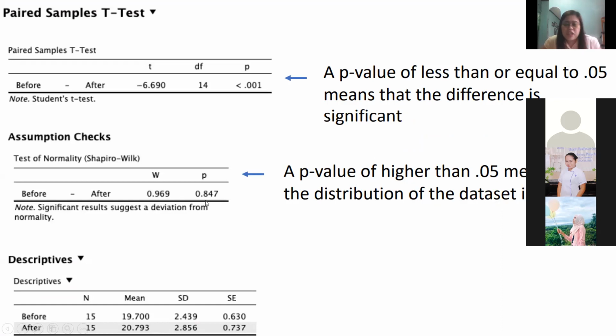So this is 0.847, which is greater than 0.05. Therefore, yes, our sets of data are normally distributed. So it falls within a normal distribution. So it is right that we used the paired sample t-test. Okay? Questions, class, about this?